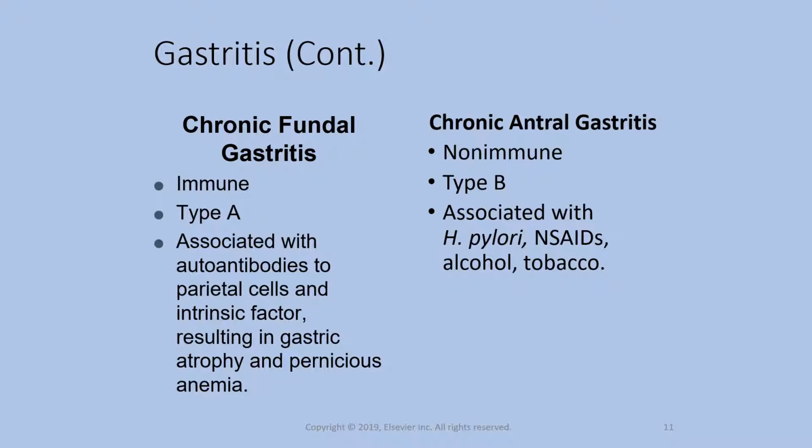Chronic antral gastritis is the non-immune type B, associated with H. pylori, non-steroidal anti-inflammatories, alcohol, and tobacco. Just remember that the mixture of these can be quite lethal.